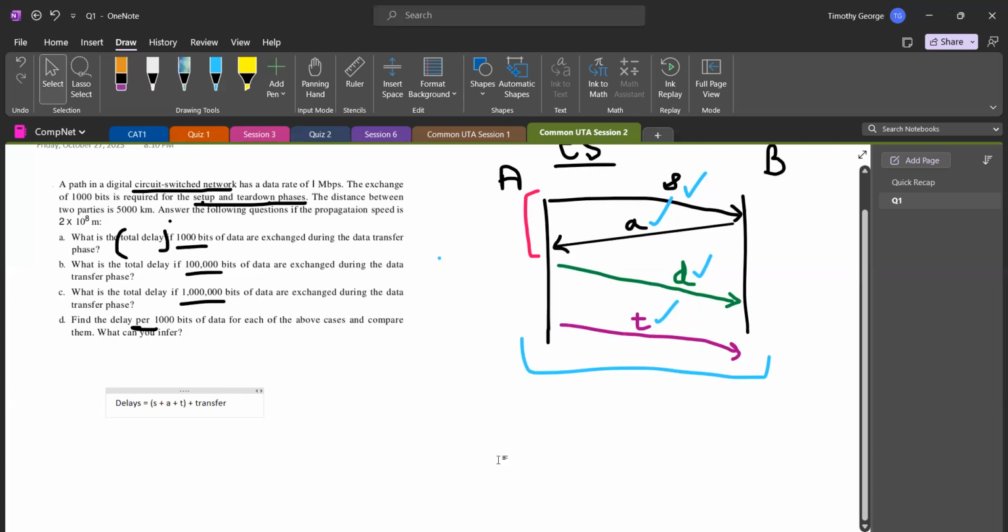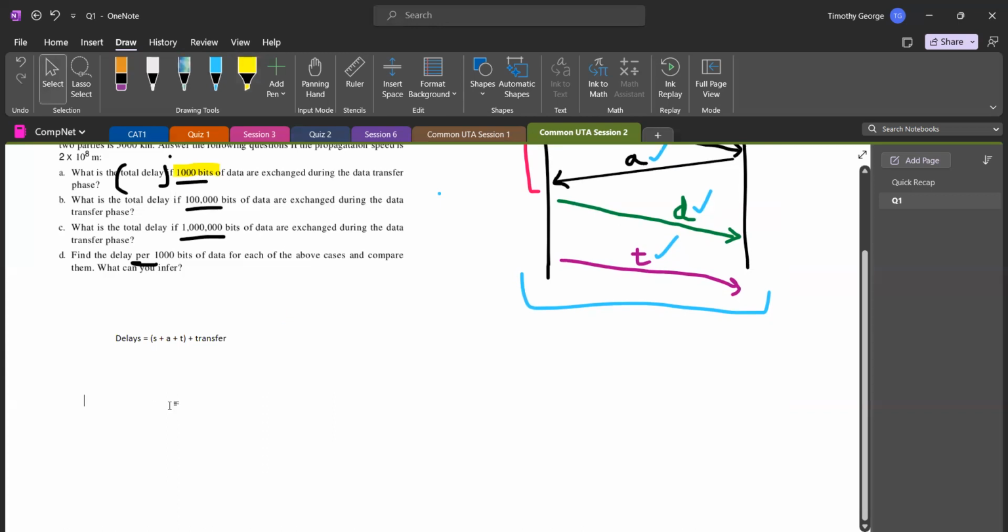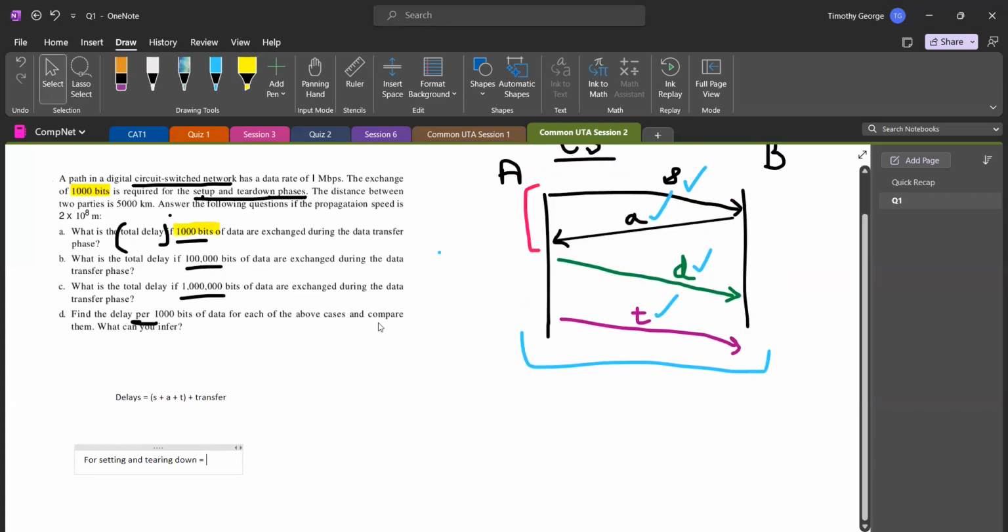There's a transmission delay. When you're exchanging for setup and teardown, you only need 1,000 bits, but when you're doing the transfer, that's when you need this 1,000 bits. So for setting up and tearing down, what is the delay that we have?